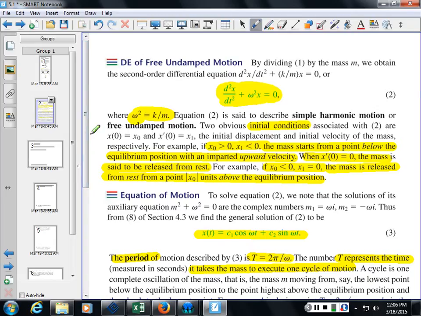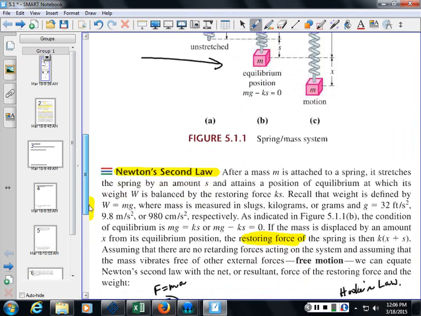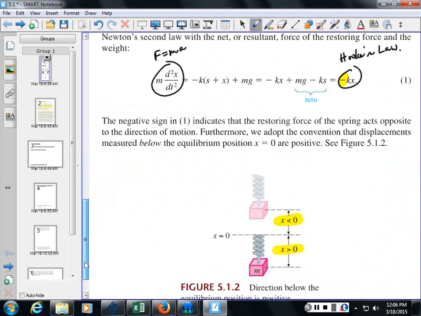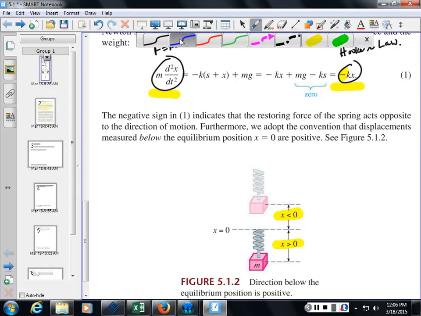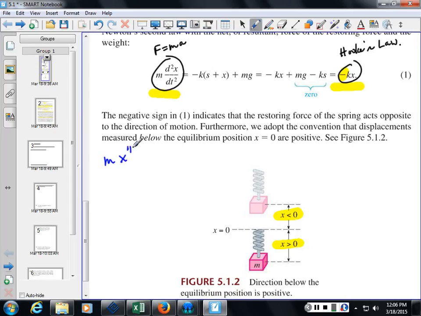We can form the equation from that. If you go back to the bottom here, they're forming the equation from this part and from this guy right here. Let me see if I can write that for you. We have m times x double prime, to represent the second derivative, equal to negative k times x.